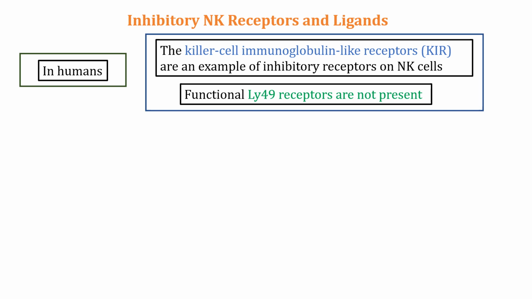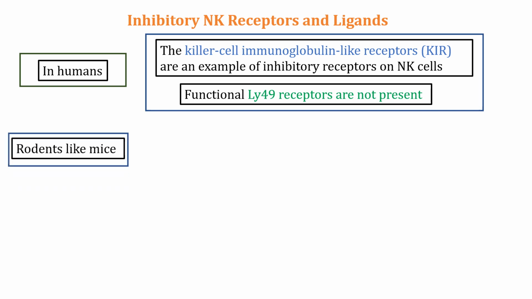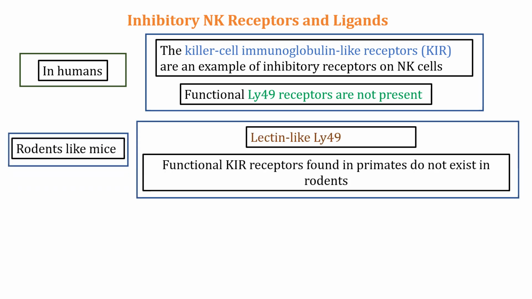Functional Ly49 receptors, which are lectin-like, are not present in humans. Unlike primates, rodents like mice use a different family of lectin-like receptors, Ly49. They perform the same function as KIRs, inhibiting NK cell activity against healthy cells by binding to MHC class 1 molecules. It is important to note that functional Ly49 receptors are not present in humans.